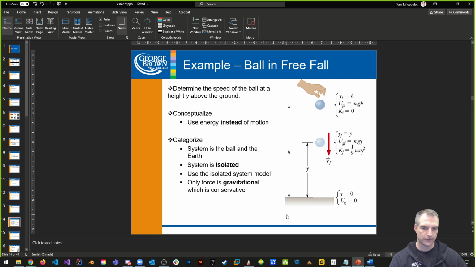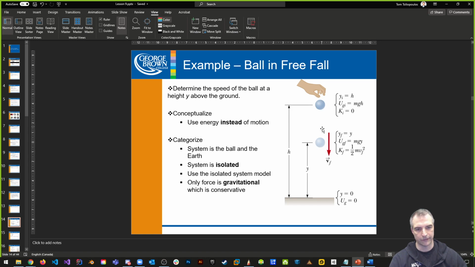We know that as we move the ball higher, potential energy is related to the total height, if you will, of the ball relative to the game world. Okay, that's what it is, right? So the higher the ball is, the more potential energy it has. Here, there would be less potential energy.